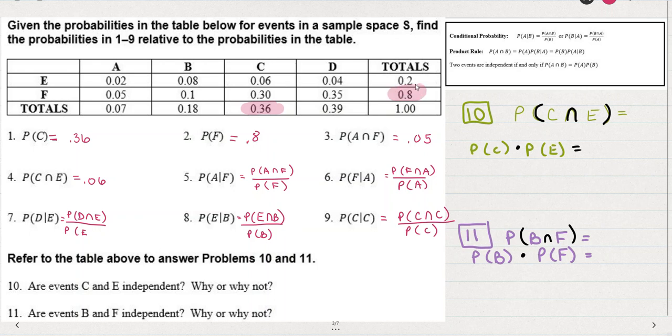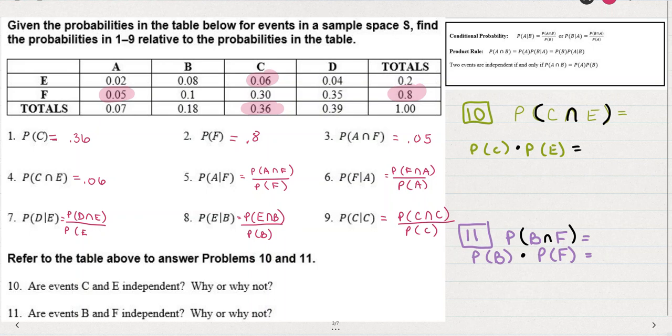The probability of A and F happening together, so where column A and row F come together, is 5/100ths. And then C and E, so where C and E come together, is 6/100ths. So there's some of the probability we can do just pulling the values off of the chart.